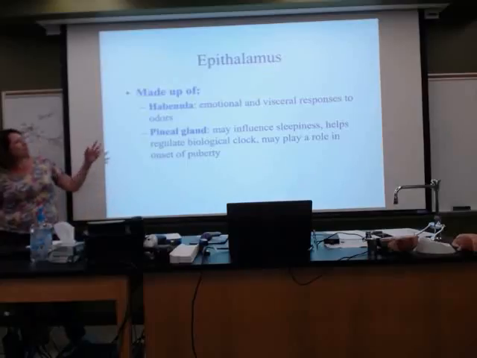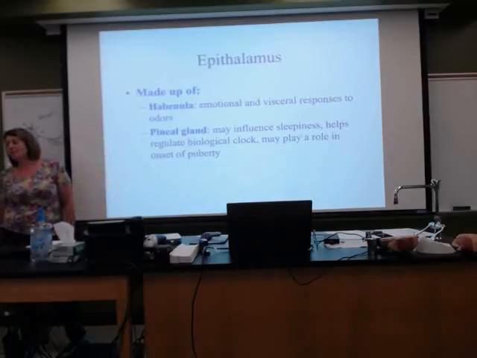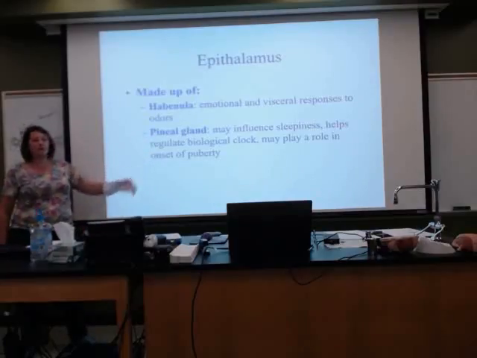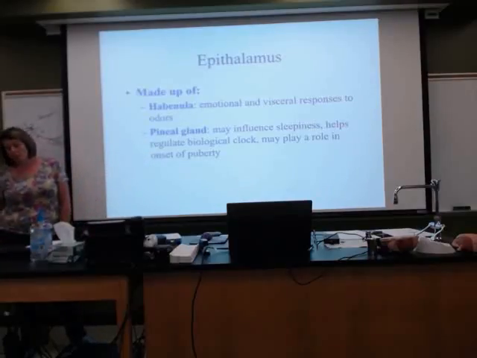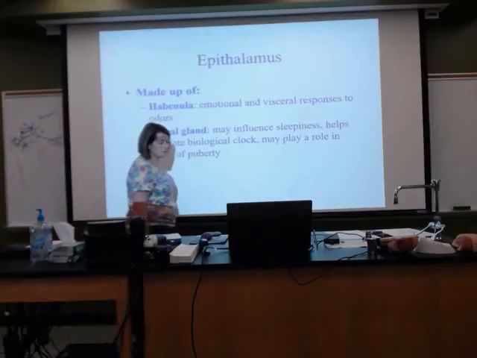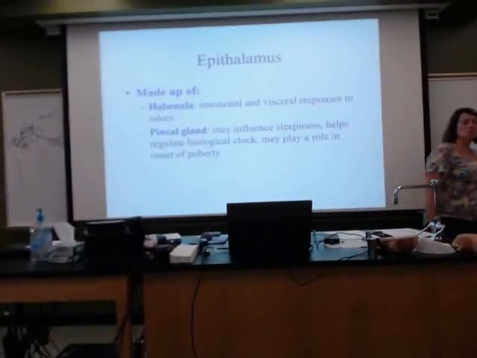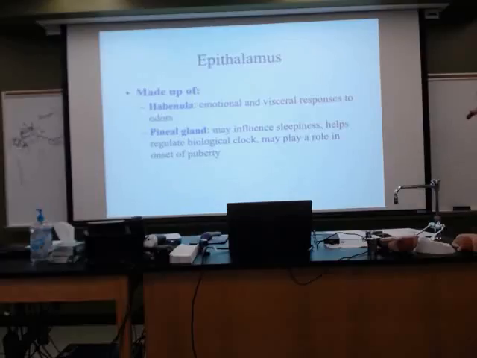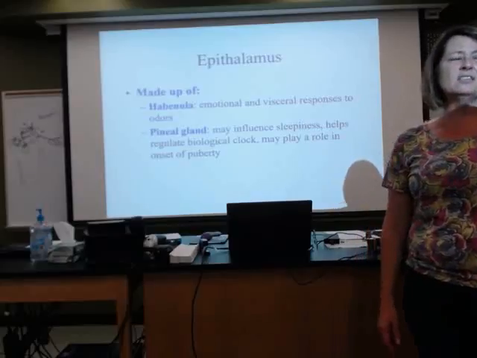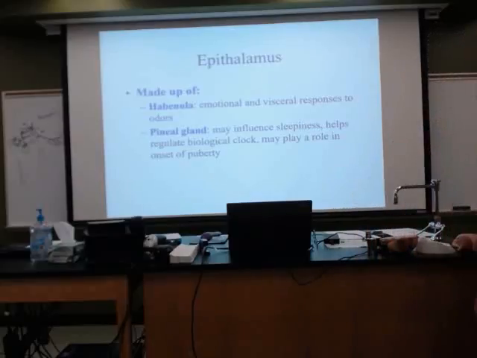Now, the reason that I've kind of left the epithalamus in here is because of the pineal gland, okay? Now, there is an area called the habenula, which is going to be emotional and visceral responses to odors. For example, you're going somewhere and an odor hits you and it's so bad you feel like you're going to throw up.